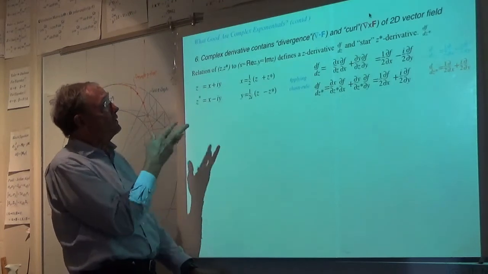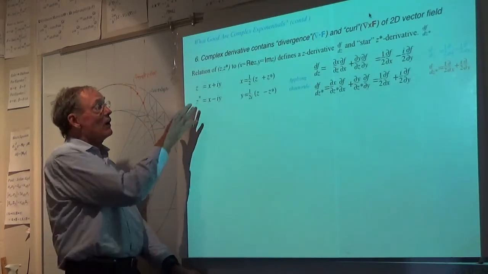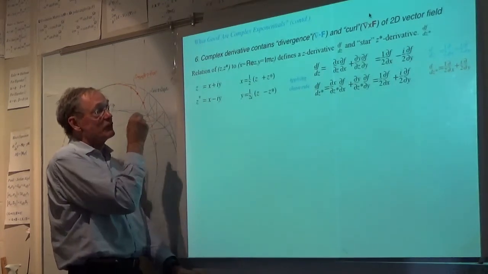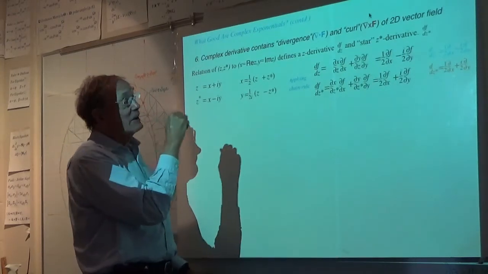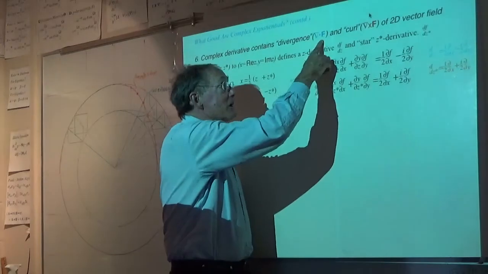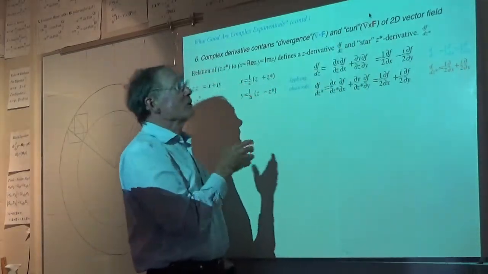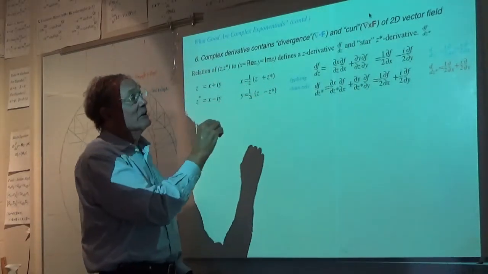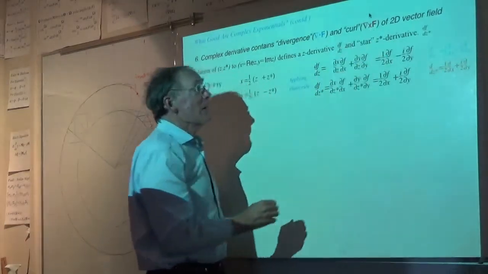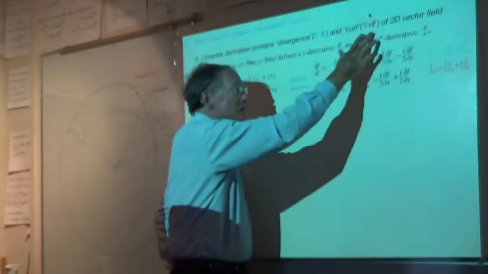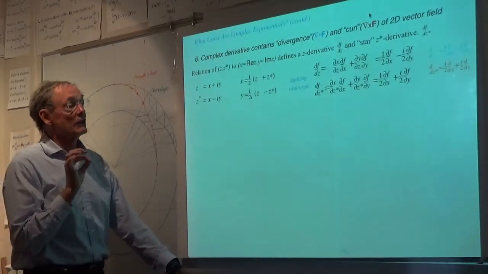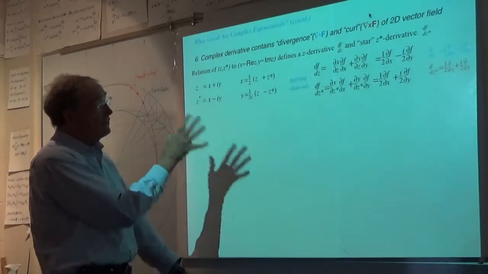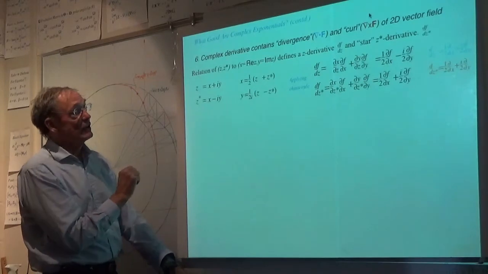Just as we got two things by doing the product of complex numbers with a star, in this case what we're going to get is a divergence and a curl. Just like we got a scalar product and a cross product, sort of a weird cross product that only has one number because we're only interested in the two-dimensional description here.